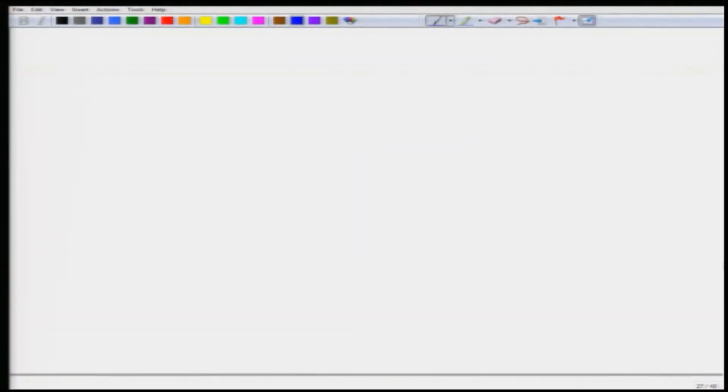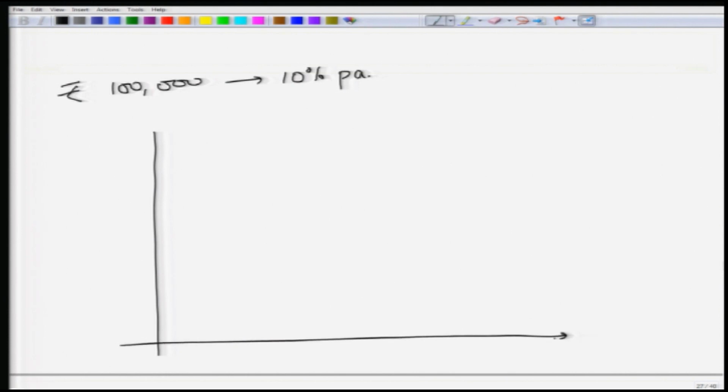To understand this problem, suppose you have deposited 100,000 rupees into your bank account, and this bank is giving an interest at the rate of 10% per year. Now, let us plot the amount that we have in the bank versus the year. Now, in the 0th year, you deposited 100,000 rupees.